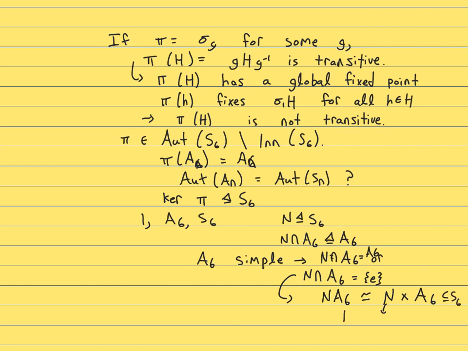That kind of forces the size of N to be 2. And you can prove that there's no normal subgroup in S6 of size 2 directly, because that would mean you have a central element, and automorphisms aren't closed under conjugation, so you have a bit of a problem there.